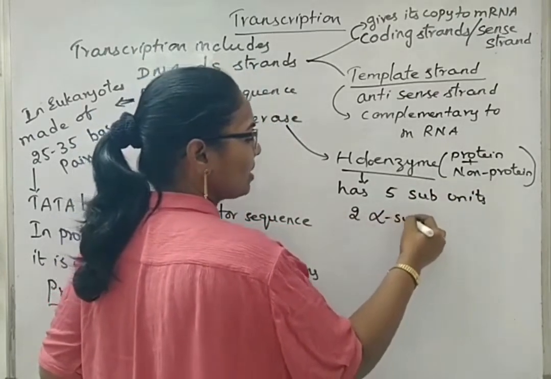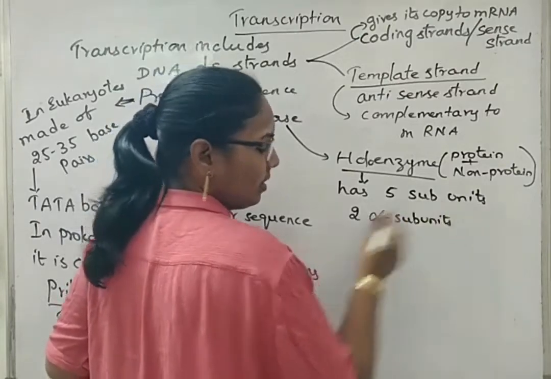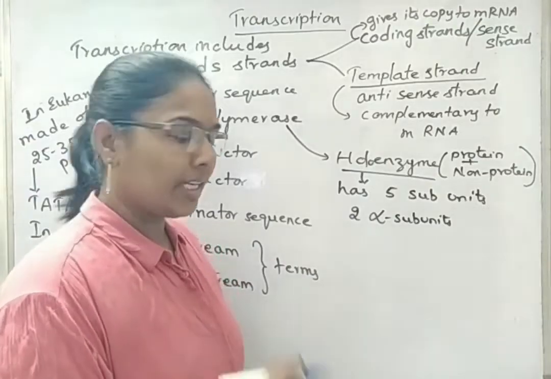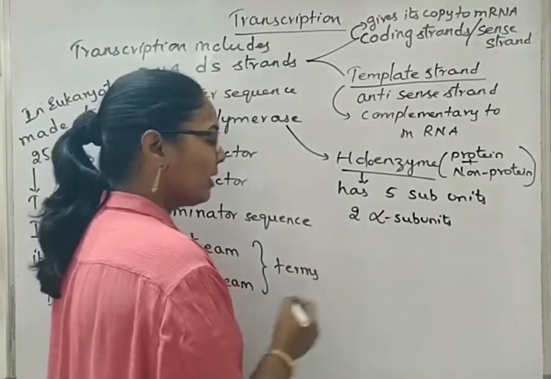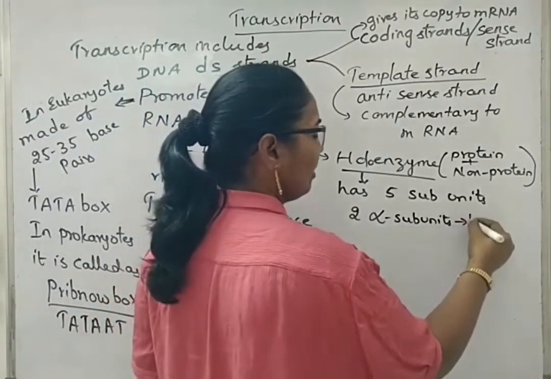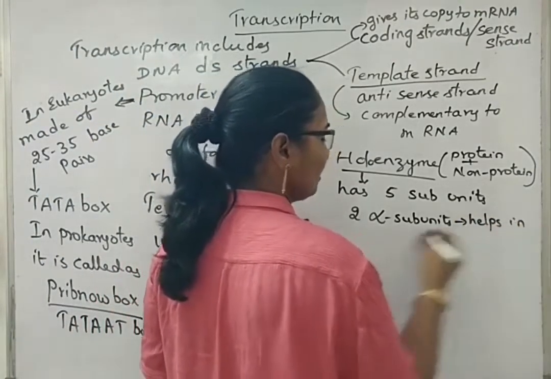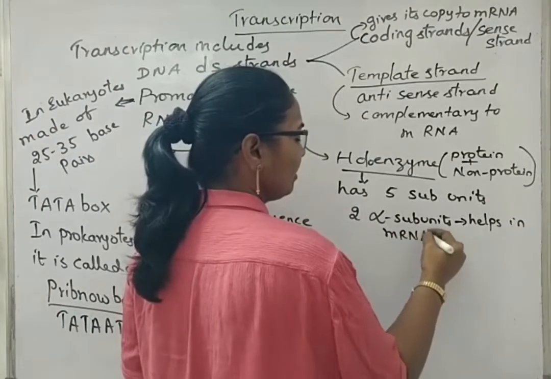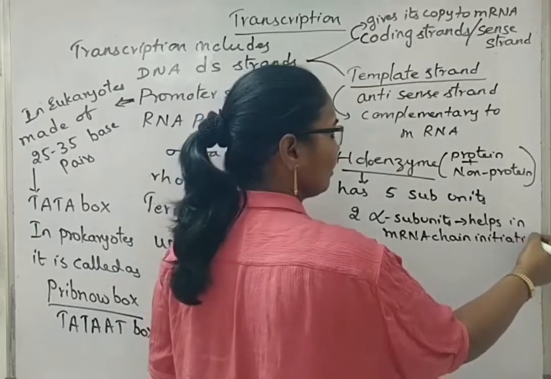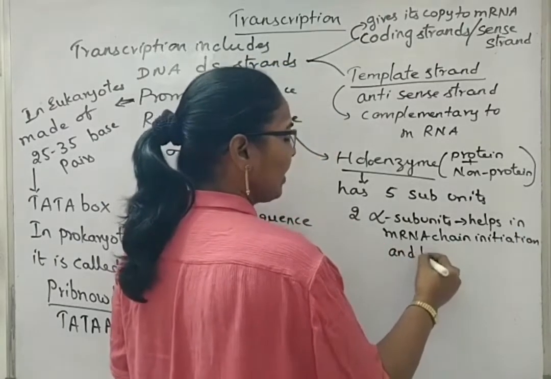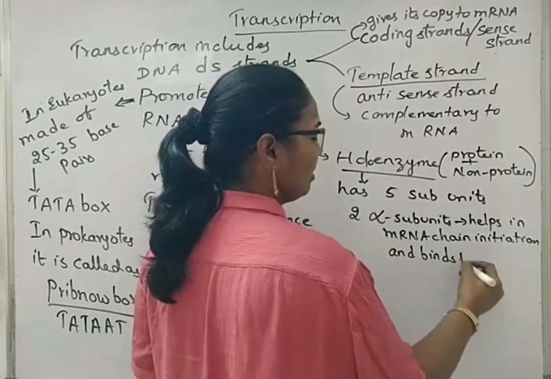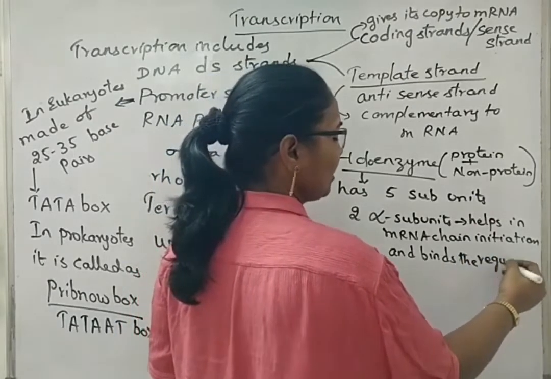2 alpha subunits. These alpha subunits help in mRNA chain initiation and interaction of regulatory proteins like sigma factors. It helps in mRNA chain initiation and binding of the regulatory proteins.